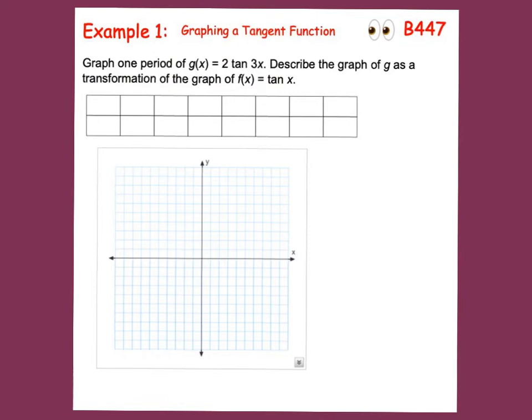In our first example, we are going to graph a tangent function, and it says graph one period of g of x equals 2 times tangent 3x. Describe the graph of g as the transformation of the graph of f of x equals tangent x. So let's start out by figuring out our transformations.